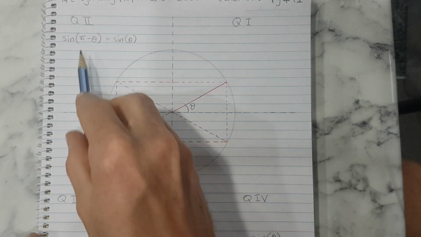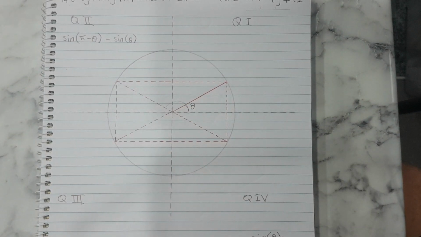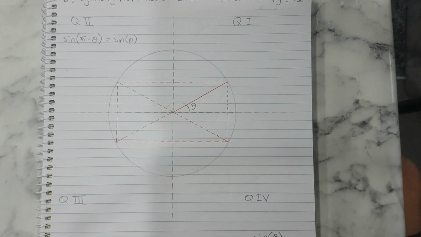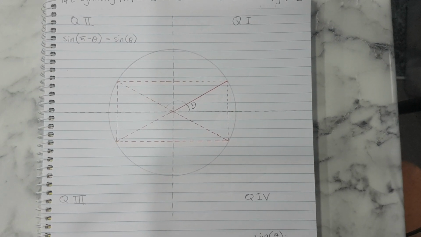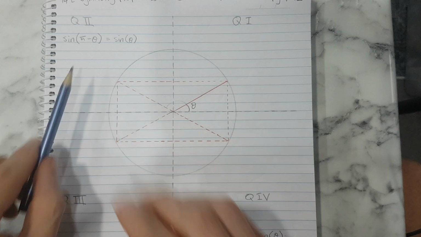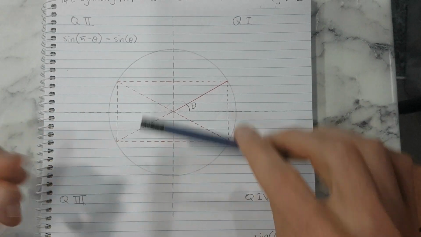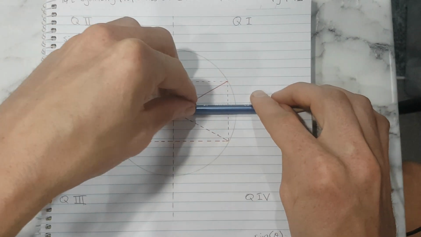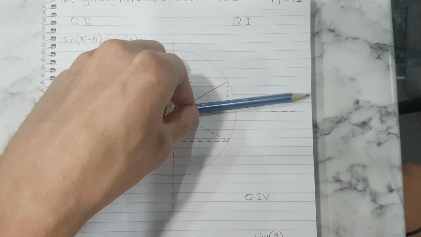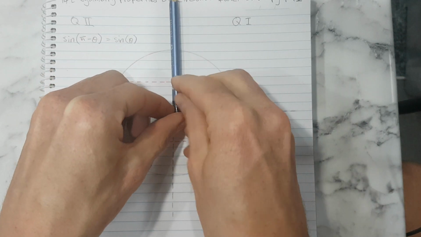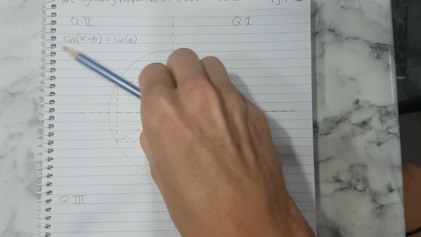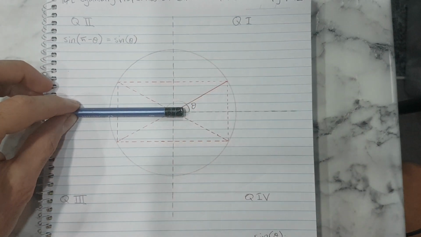So what we've got is sine of pi minus theta. First of all, we can move pi radians in the positive direction, because the pi is positive. And pi radians is 180 degrees. So we're moving right, there's 90, or pi on 2, and there's pi around to here.